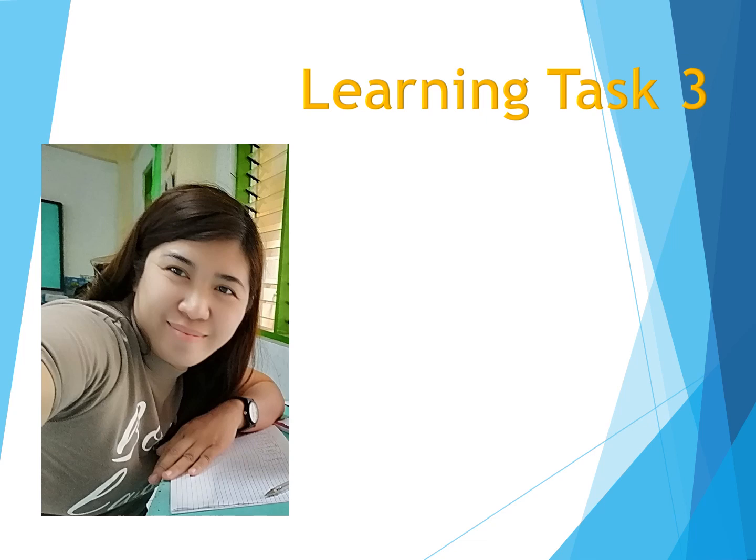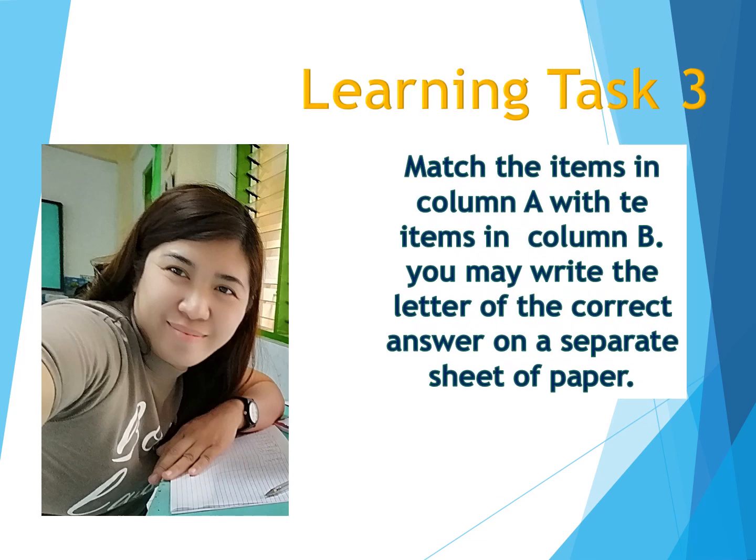Learning task 3. Match the items in column A with the items in column B. You may write the letter of the correct answer on a separate sheet of paper.